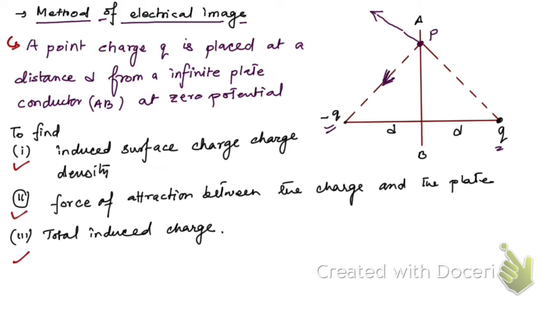Right, let me draw it properly, just give me a second. Okay, this is the direction due to the positive q charge, and this is due to the negative q charge.